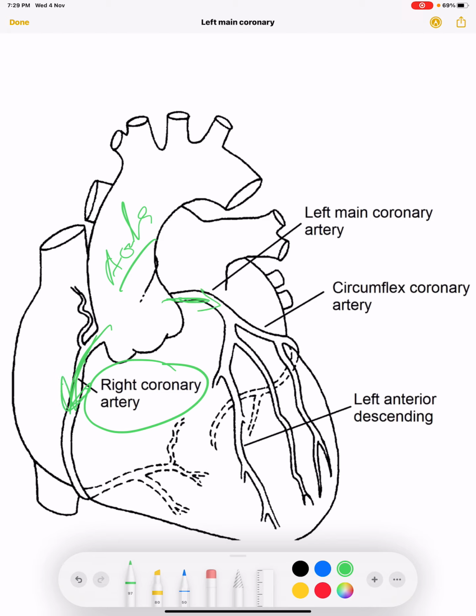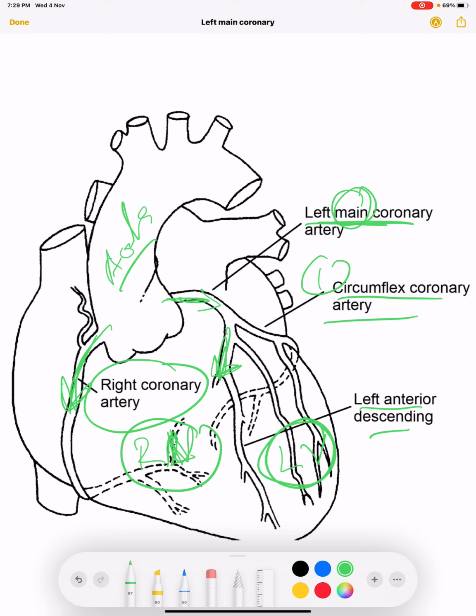This is left main coronary artery because it gives two blood supplies, one is the circumflex artery and the other one is anterior descending. This anterior descending descends between right ventricle and left ventricle.